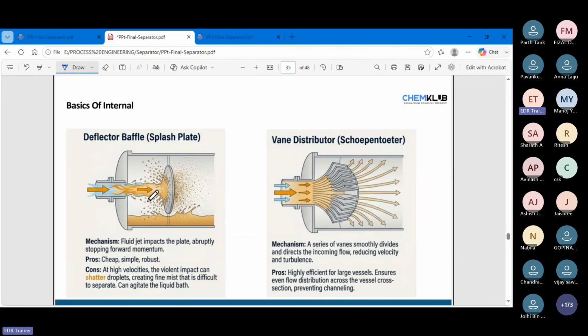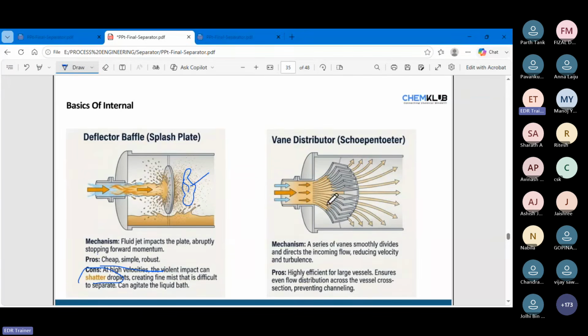With a burst deflector, the liquid particles change their shapes drastically due to the bursting and are converted into mist, and there is a chance the gas will carry over the mist particles. The pro is that it is cheap, simple, and robust. The con is very high velocity and violent impact on the droplets.